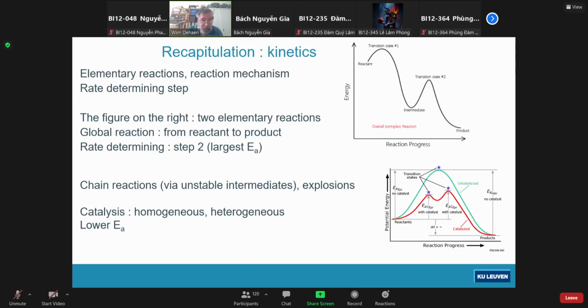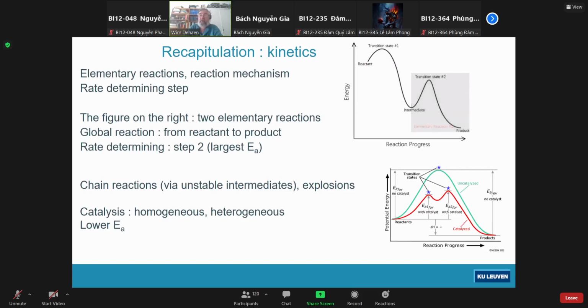One thing more that we discussed is about catalysis. Now, catalysis is a way to lower your activation energy, find an alternative pathway, and there are several ways to do that. You can dissolve a catalyst into your solution.